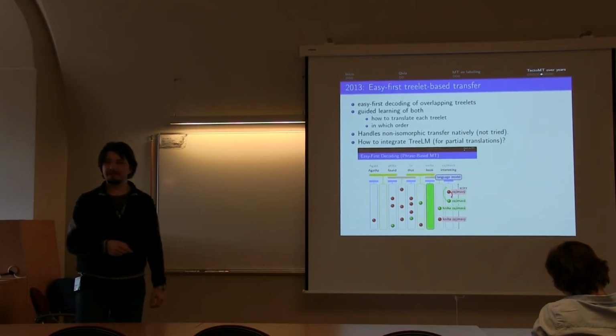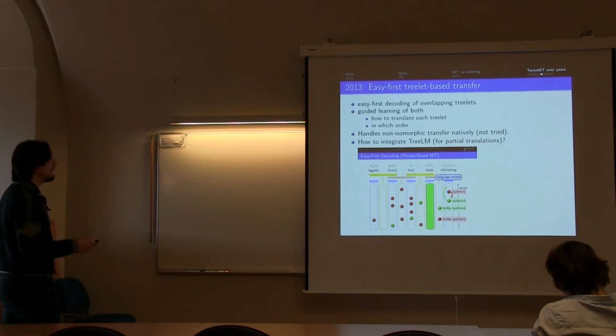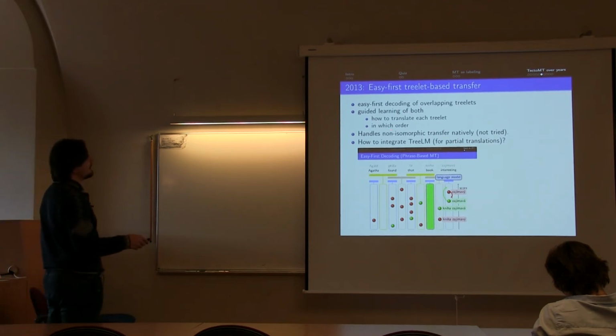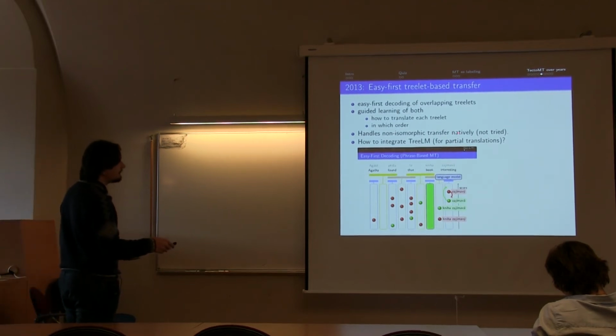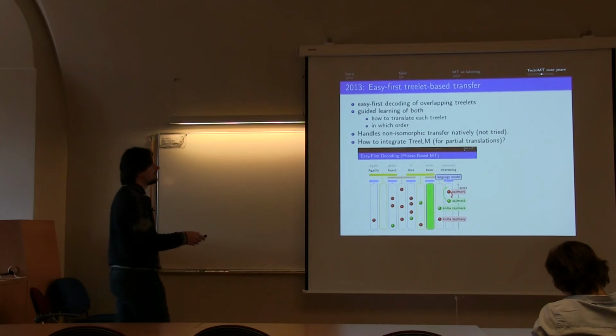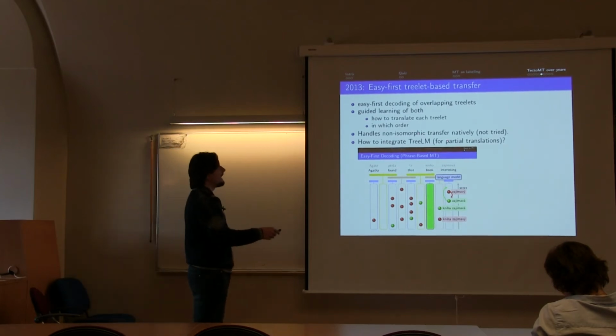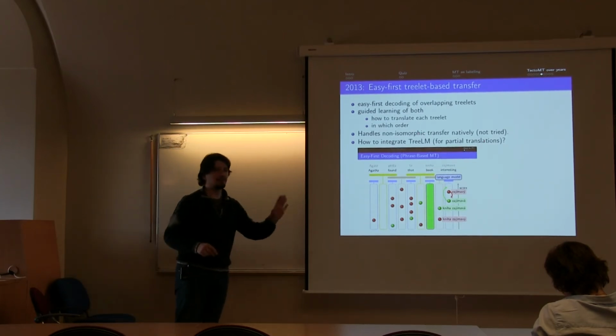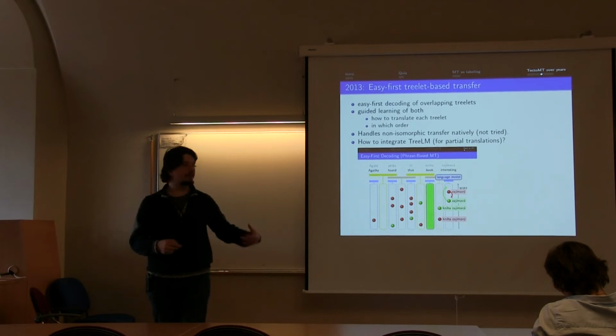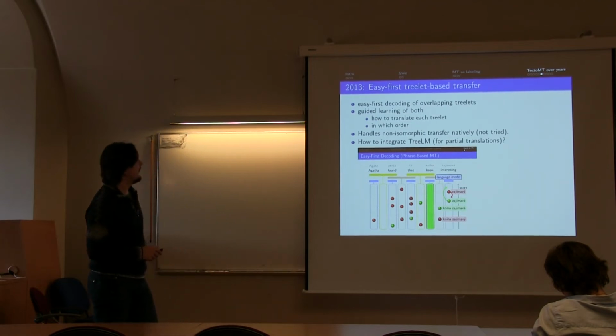So this was the advantage, and I still like this idea. Another advantage is that it handles natively the non-isomorphism in the transfer. Although I have not tried this, I still used only isomorphic rows, but it could be used with non-isomorphic.